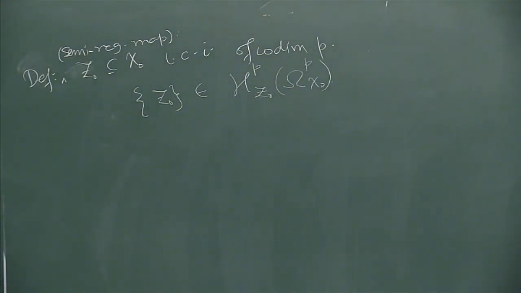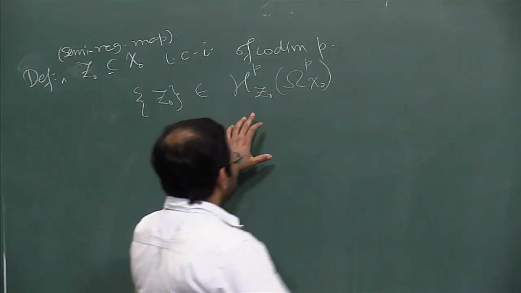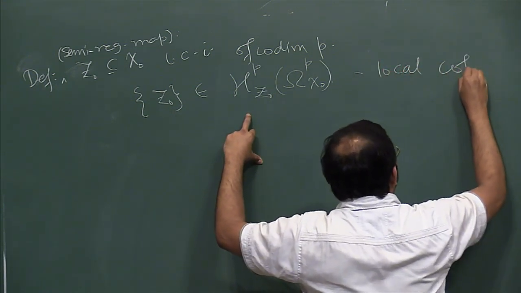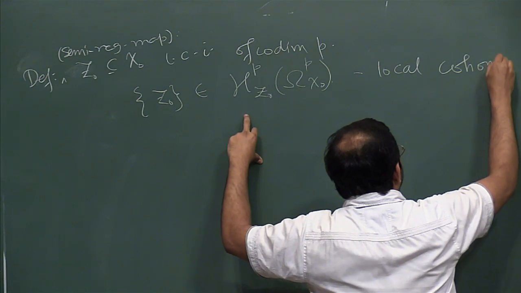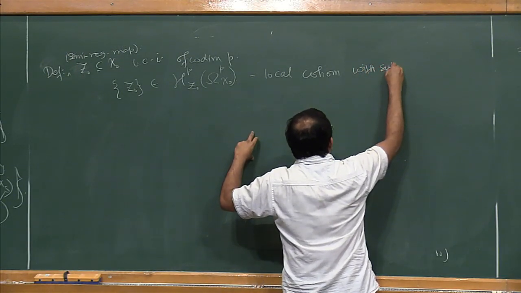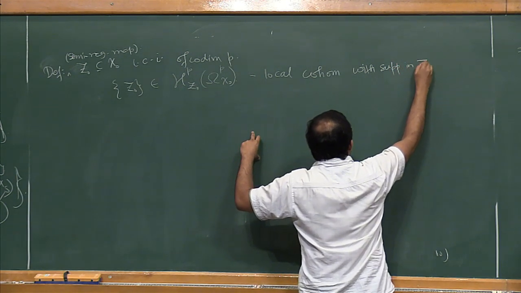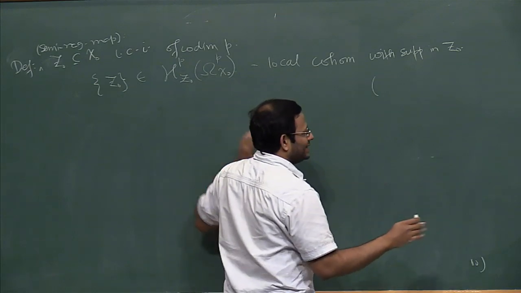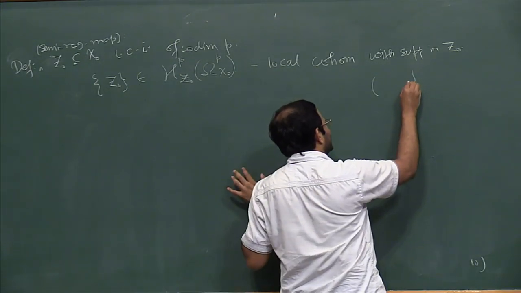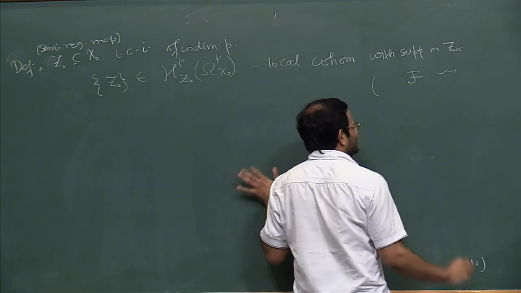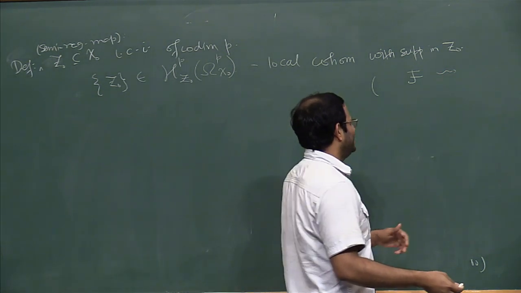So what do I mean here? This is the local cohomology with support in Z0. Just like in the normal case, you take a sheaf, and normally when you take the cohomology, you take the right derived functor.